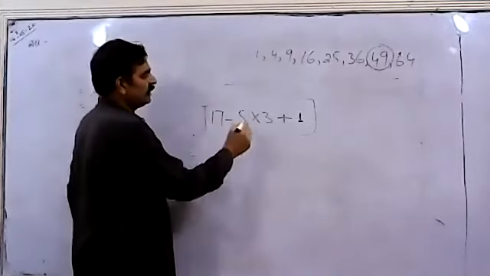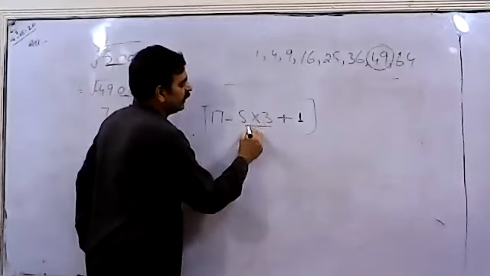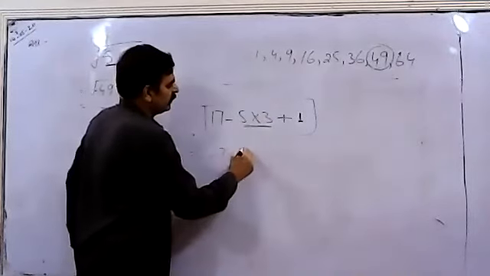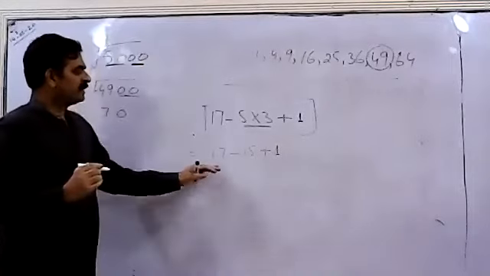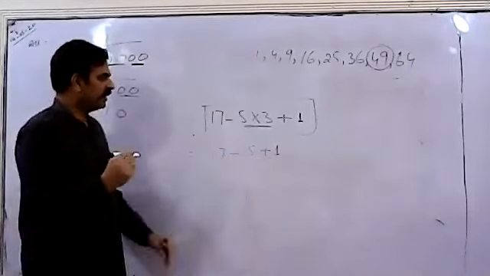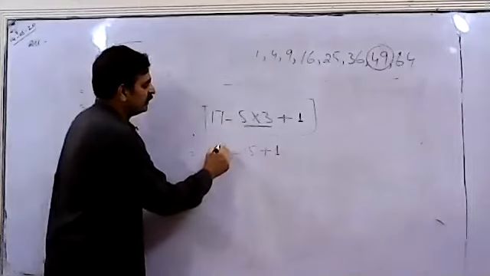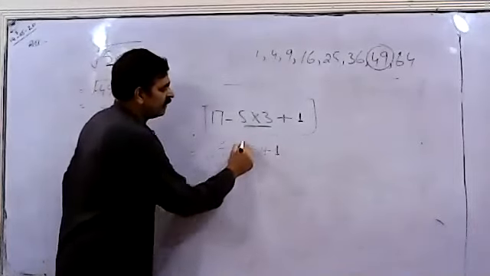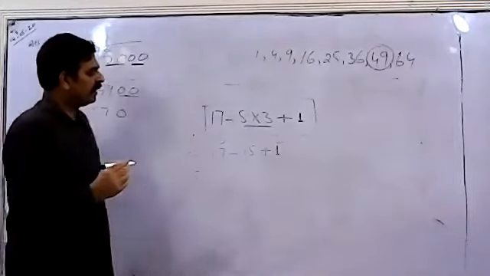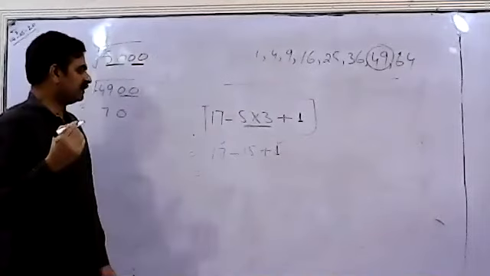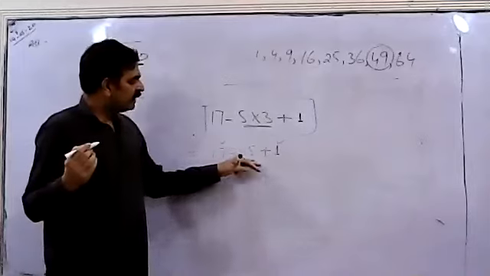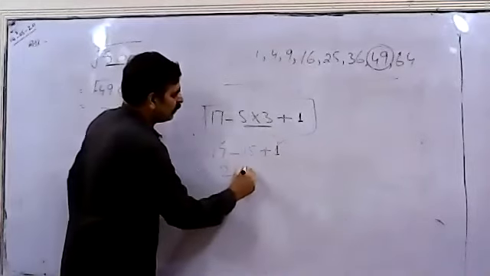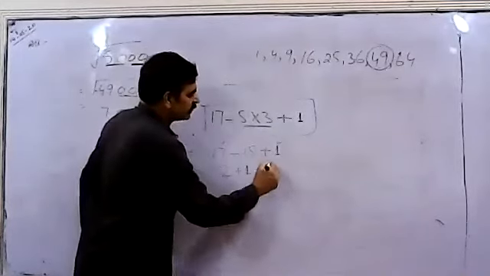There is no division, so 5 multiplied by 3 is 15. 17 minus 15 plus 1. Now we have two values, 17 and 1, both having a plus sign. 17 minus 15 is 2, plus 1, the final answer is 3.